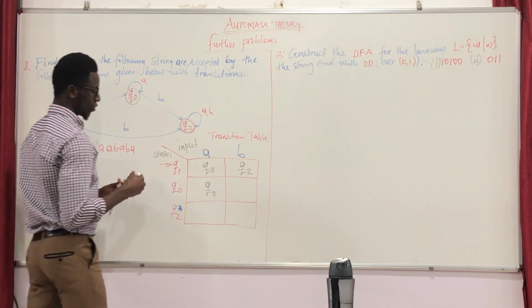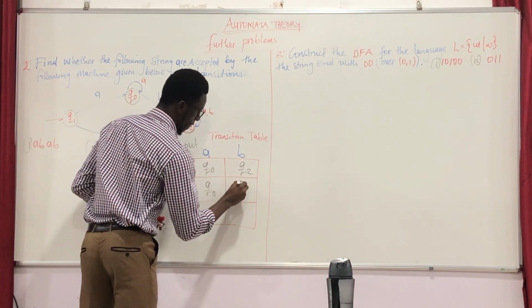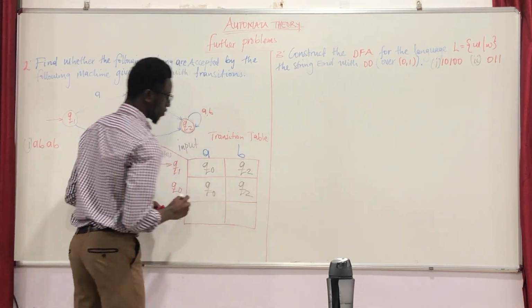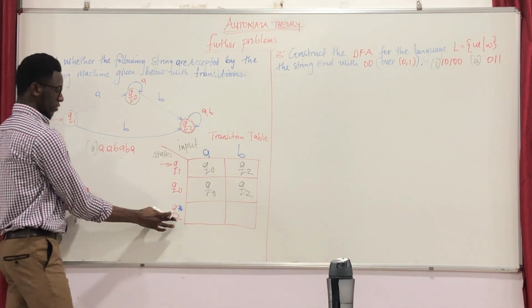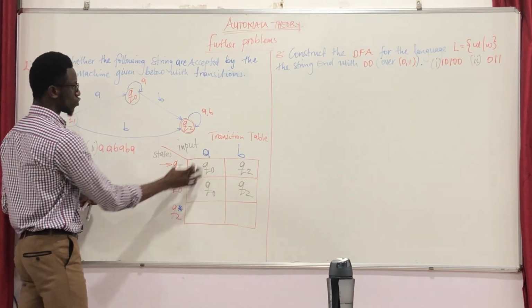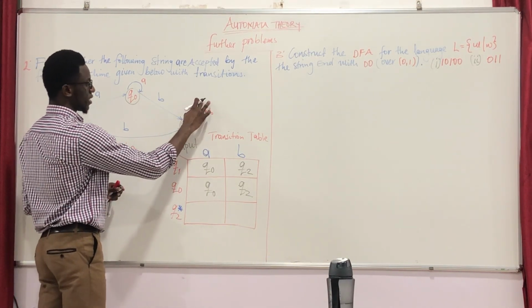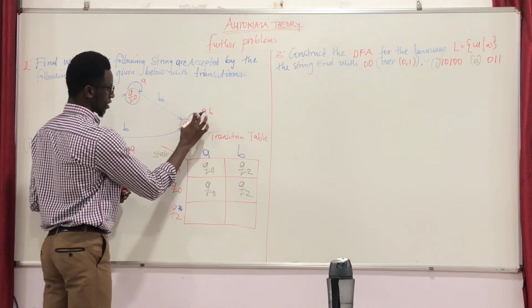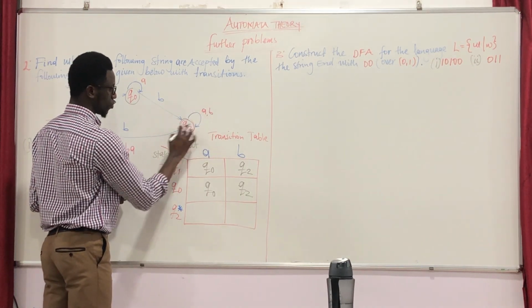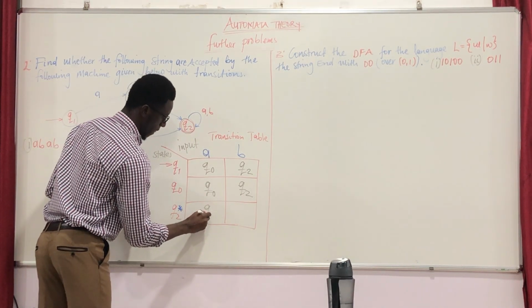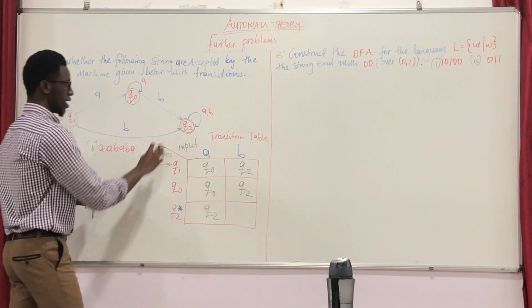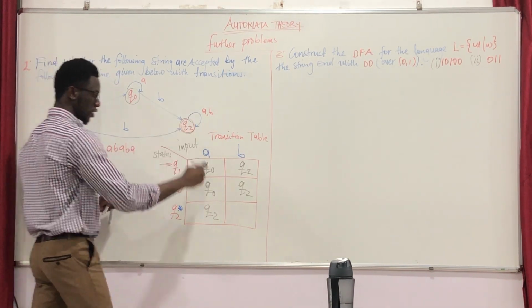Q0B is Q2. Then we come to Q2 here. Q2A is Q2, and Q2B is the same, Q2.